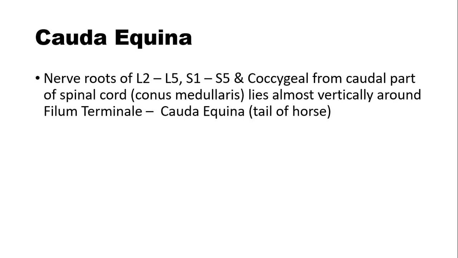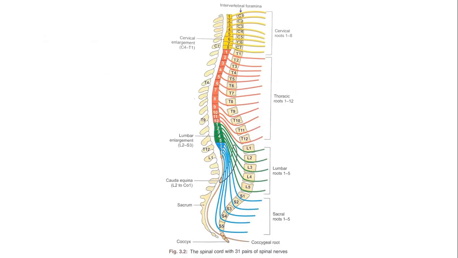Now the cauda equina. You see the lower end of the spinal cord, that is the conus medullaris, which ends at L1.